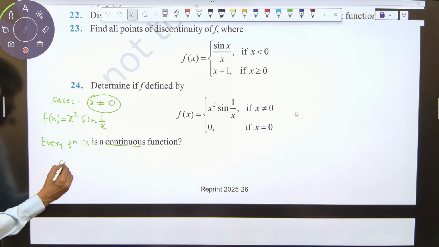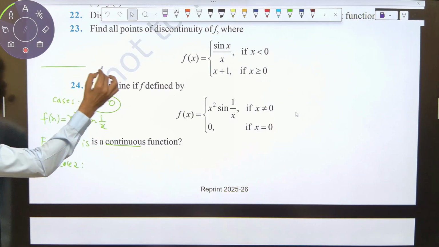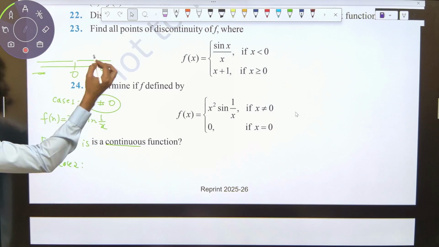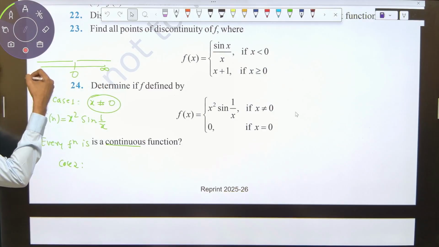Now case 2, x is equal to 0. What does x not equal to 0 mean? It means all numbers greater than 0 and all numbers less than 0.